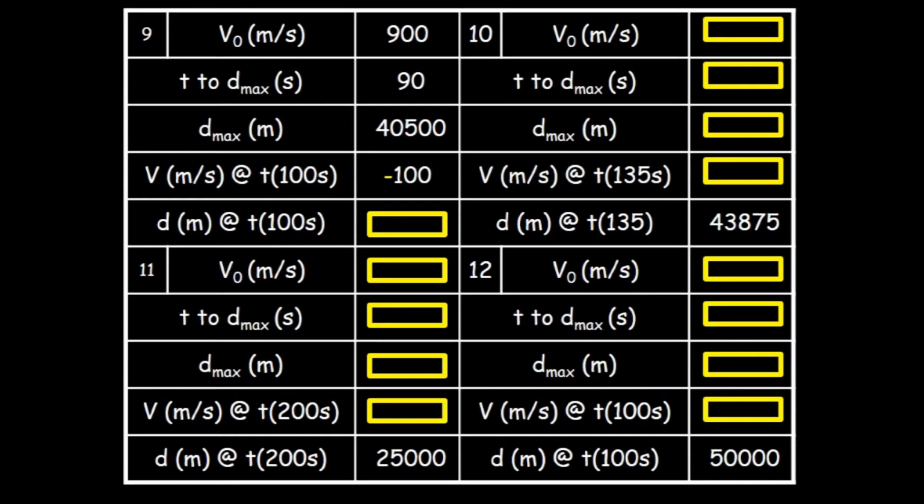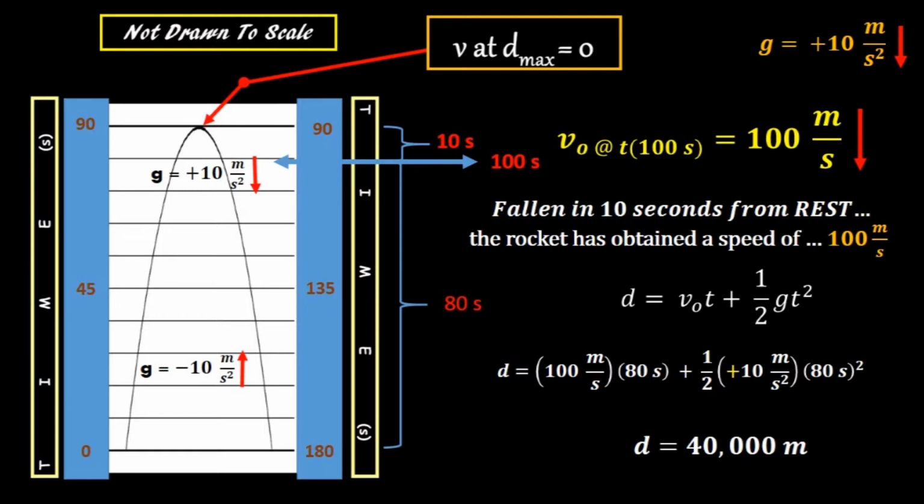So plug that in, and you get 100 times 80 plus 1/2 positive 10 times 80 squared, or 40,000 meters. Now, just a note here, these graphs that I have here are not drawn to scale. That's a very, very important distinction here.